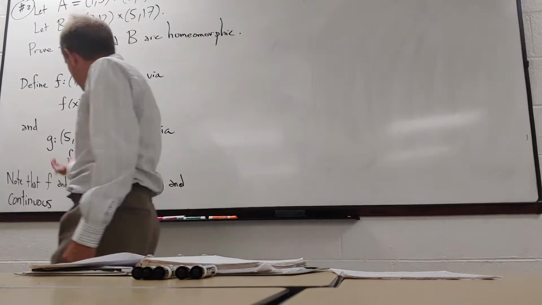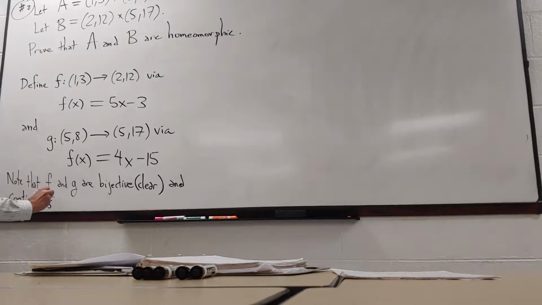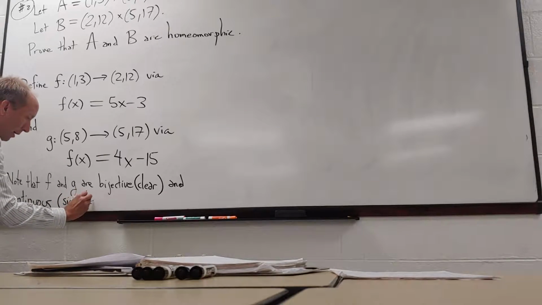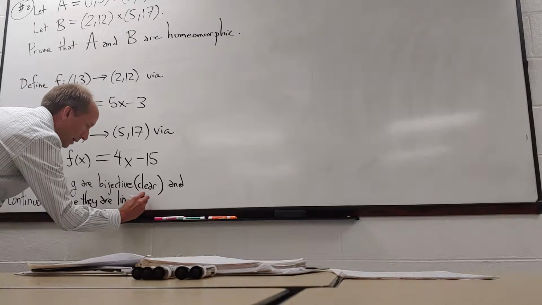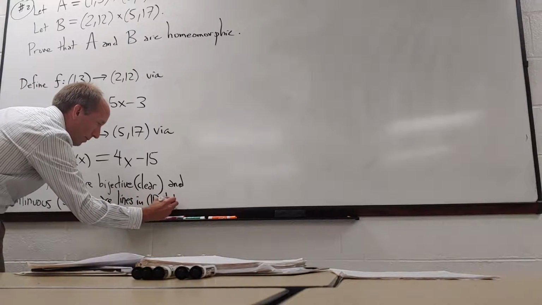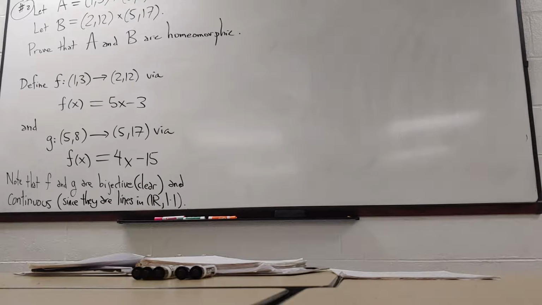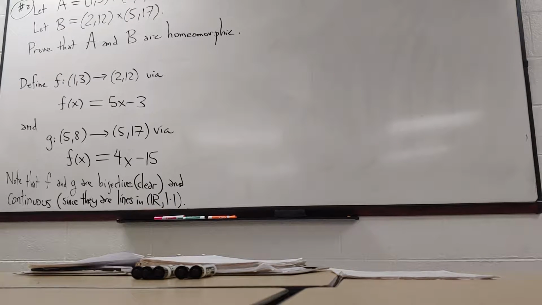But in this case, I'm perfectly happy saying that this is continuous since they are lines in the real numbers with the absolute value topology on them. So those are bijective as well, okay?